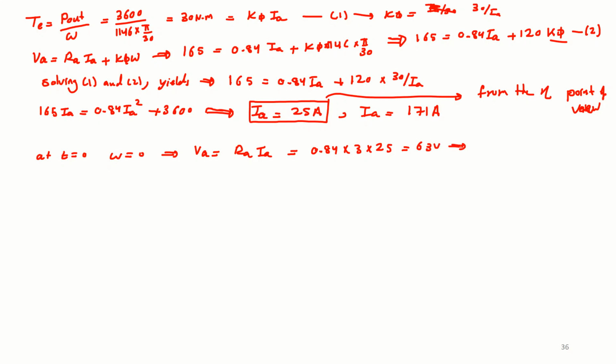So from here we can calculate alpha A, and this would be cosine the inverse of 63 over 1.35 V line to line.